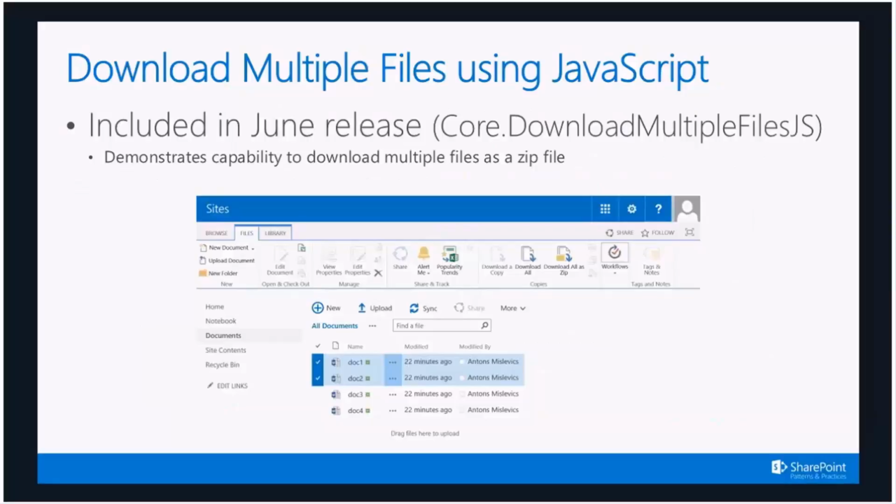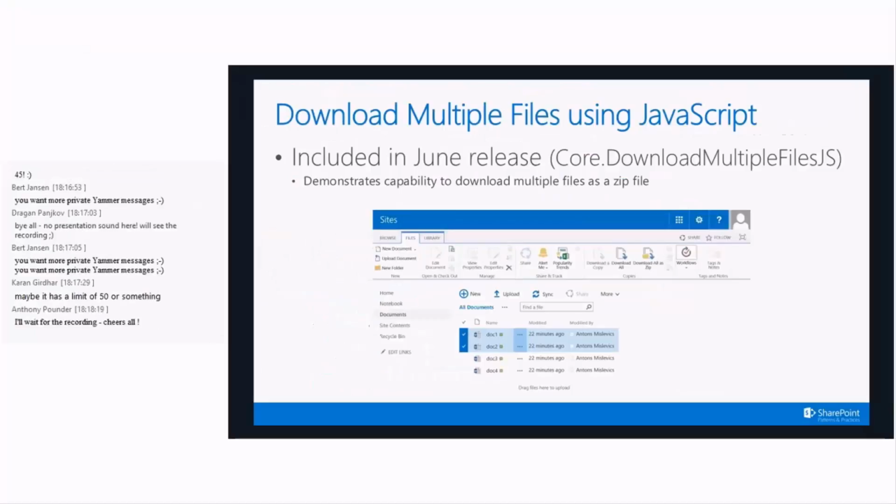You're able to select multiple files and click download all as zip, and then download those files as a zip file and use it for whatever you want. Quite a nice implementation or sample, which you can take into use within your deployments as well.